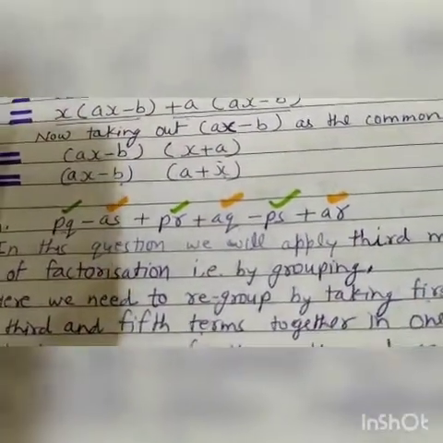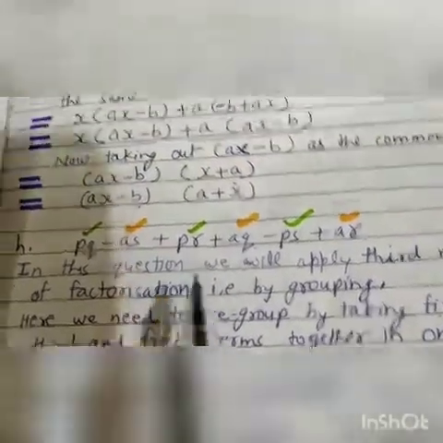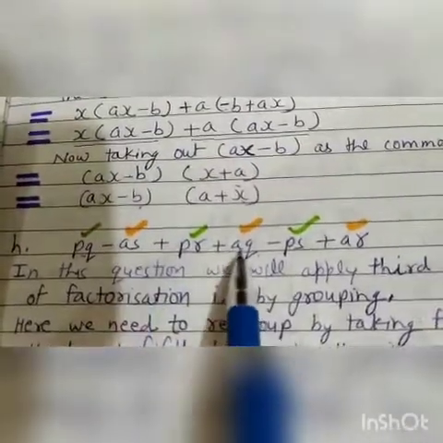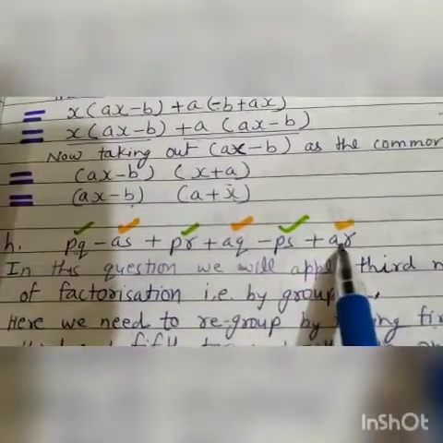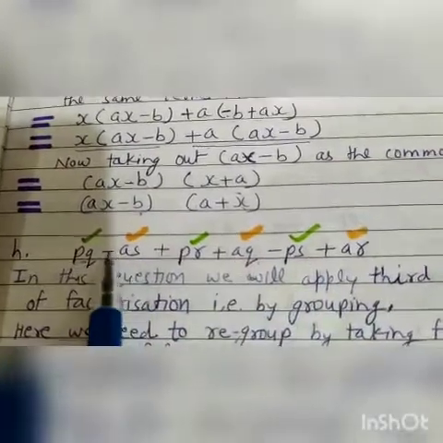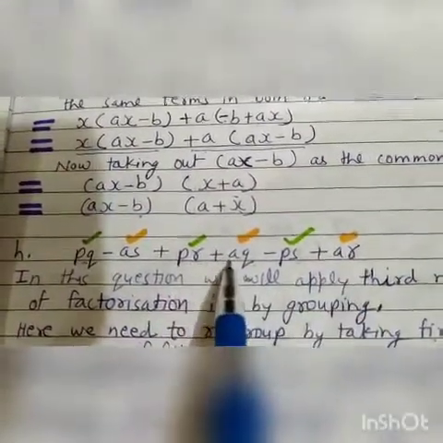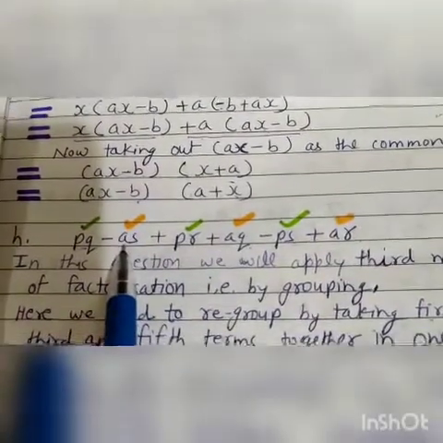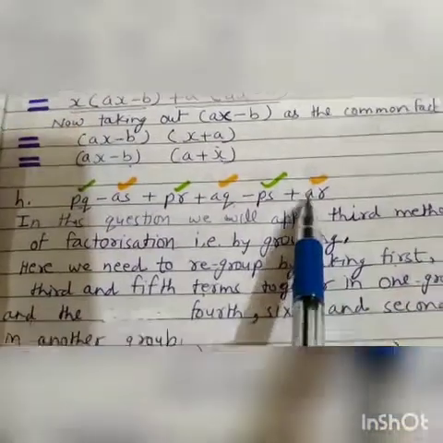Then the fourth, second and fifth terms in another group: minus AS plus AQ plus AR. What is the same in these three terms? A.